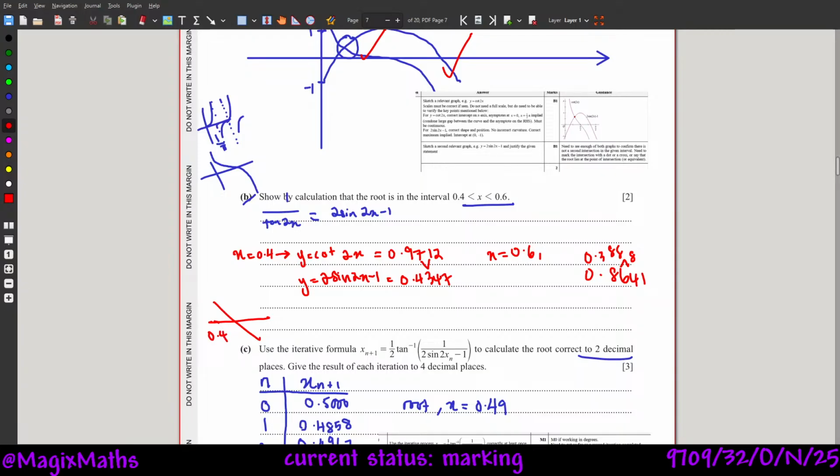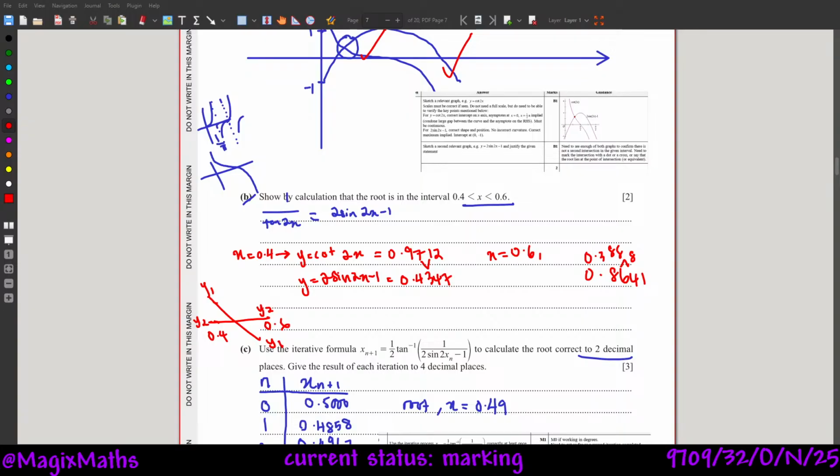For 0.4 and 0.6, y1 is greater than y2, and then it goes the other way around, in which case y2 is greater than y1 when x equals 0.6. So that way, yeah, that earns us our first mark.